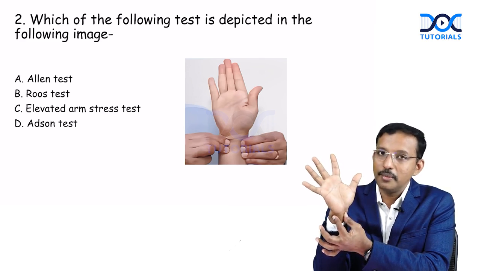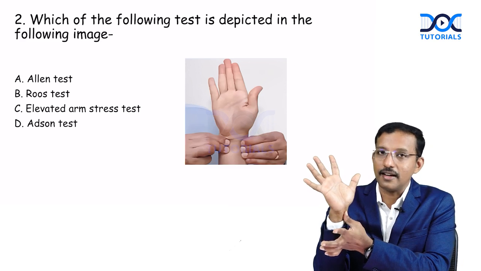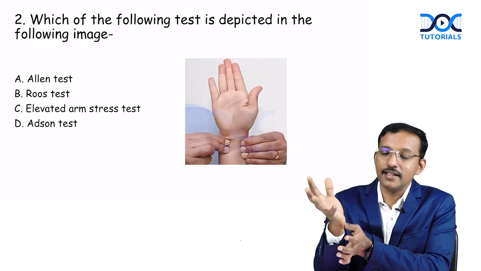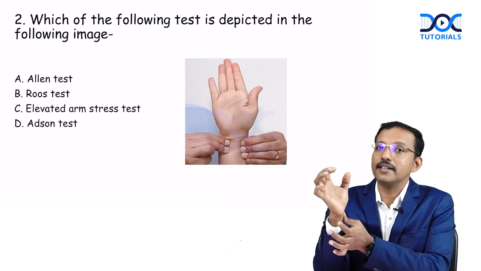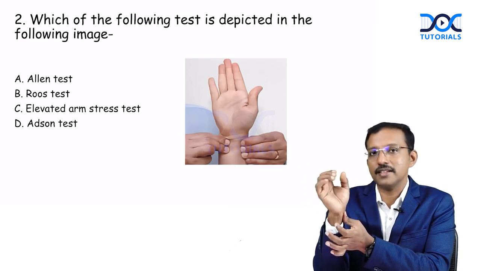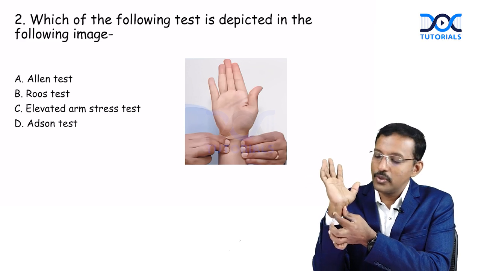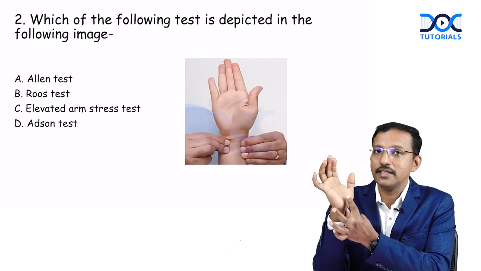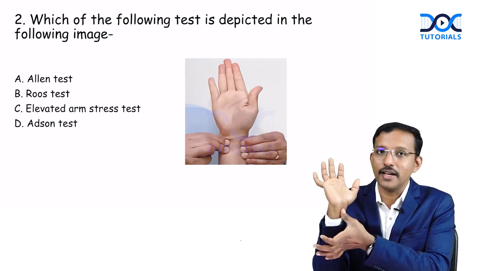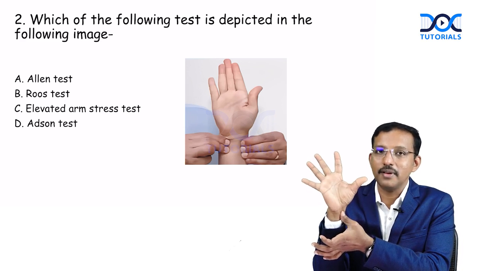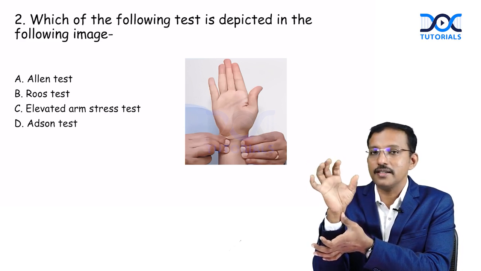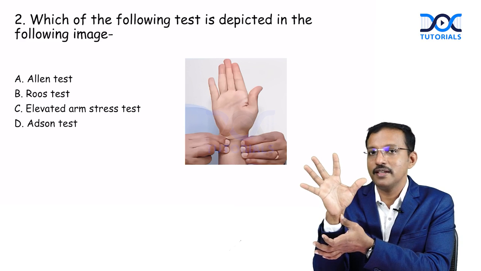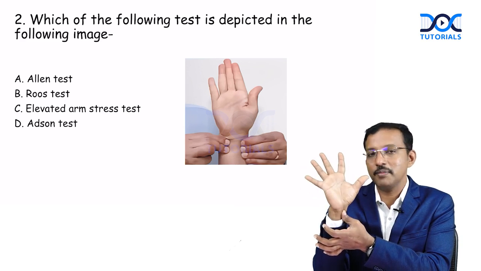Now you immediately release the ulnar, and if the hand regains its color in 7 to 10 seconds, it is considered to be normal. That means the ulnar is patent, so even if you occlude the radial, this hand will remain adequately perfused because within 10 seconds it has been perfused.